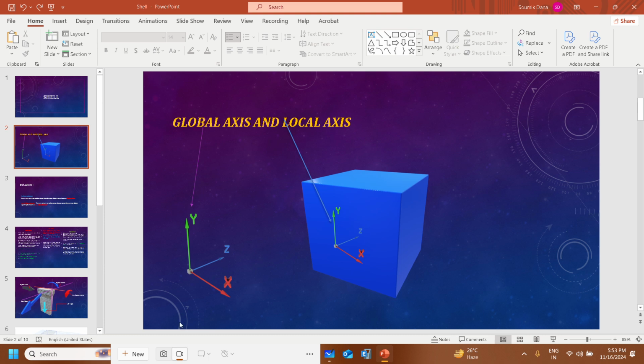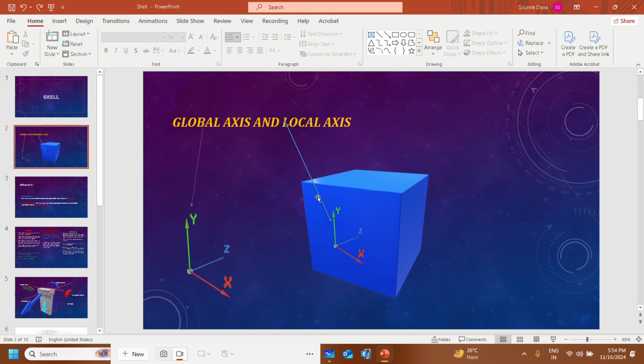the whole structure will follow this kind of coordinate system, and each and every unit of this structure has an orientation. Suppose this is the building block unit of a structure, so that material has a particular orientation.